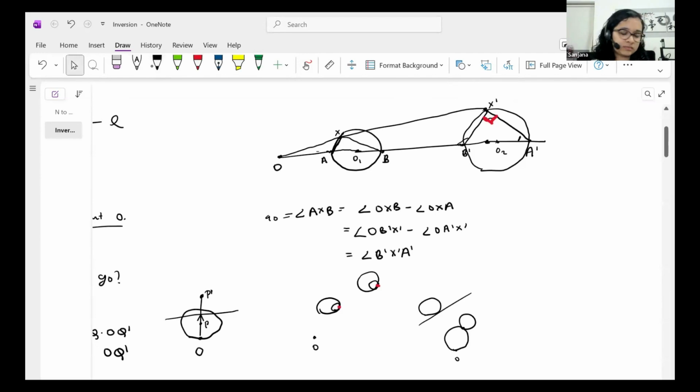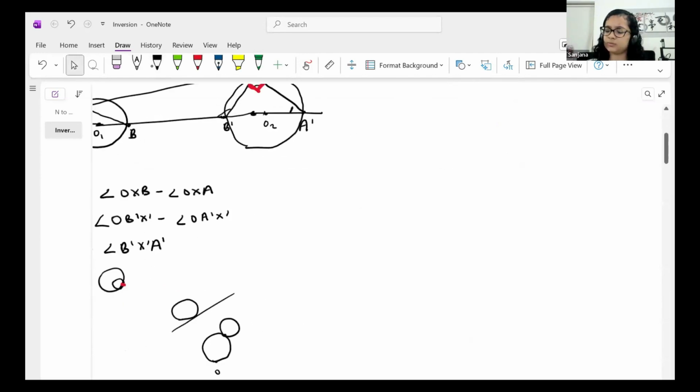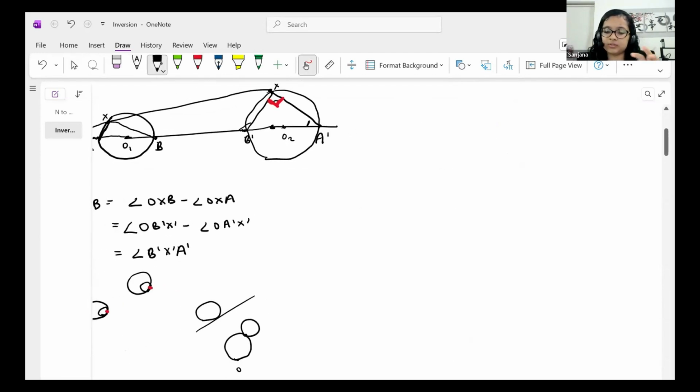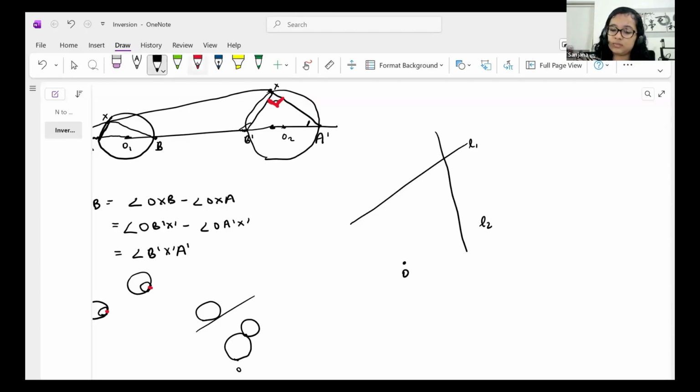Now we'll do one more thing before moving on into configs. Let's say I'm inverting about a point O with some arbitrary radius, and there are two lines, say L1 and L2, and they make an angle of theta.